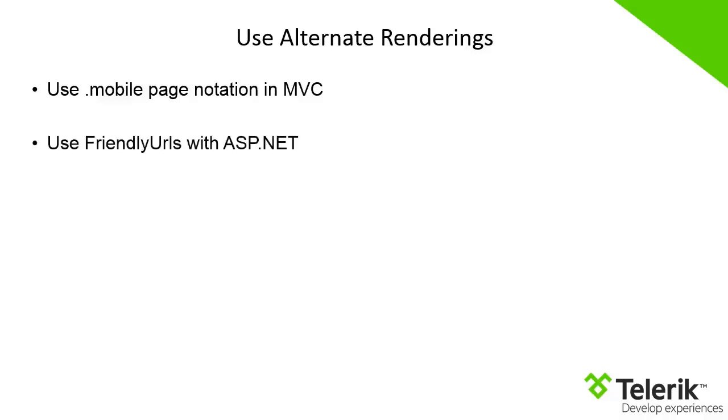Similarly, if you use friendly URLs in ASP.NET Web Forms, you can get a .mobile.aspx page served when an .aspx page is requested. This will allow you to migrate your content to the new UI mode to support those other devices that you want to address.